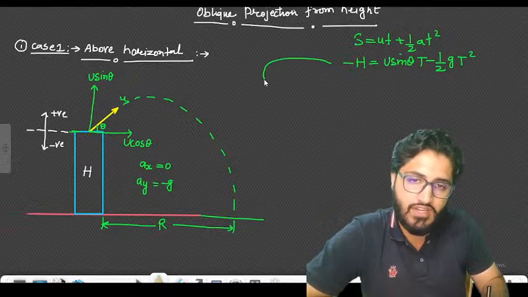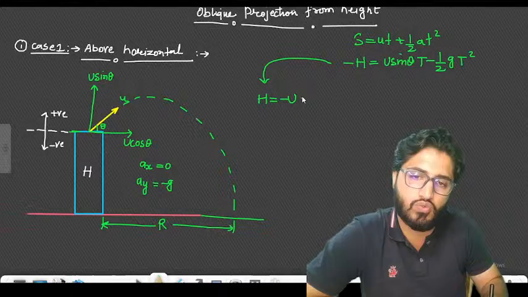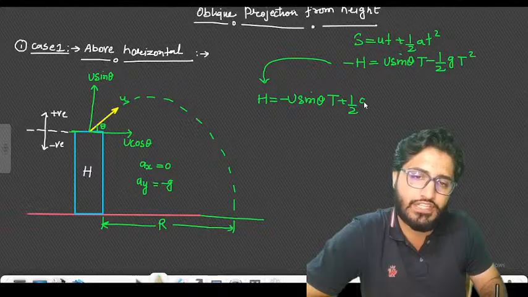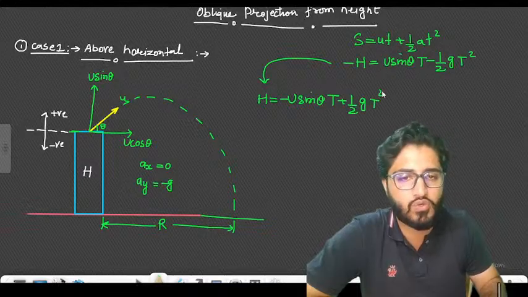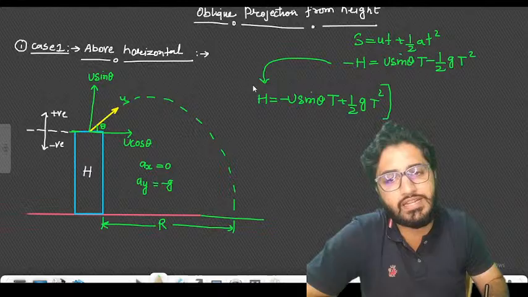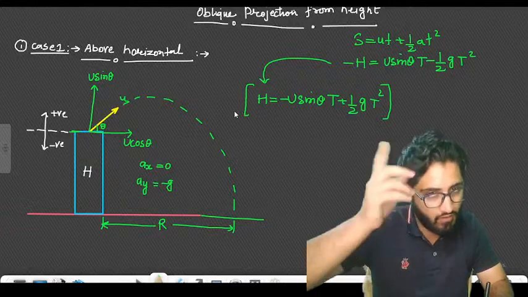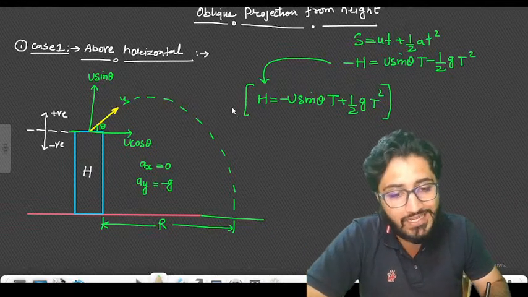So this equation I can write as minus h is equals to u sin theta multiplied with t minus 1 half g t square. You can use this equation to find the time period of your motion.